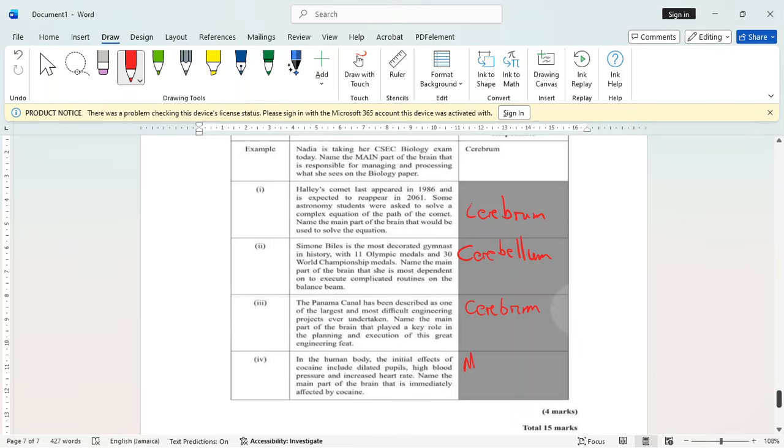And why is that? Wonderful. So these are involuntary autonomic functions. And so we use the medulla oblongata to deal with that.